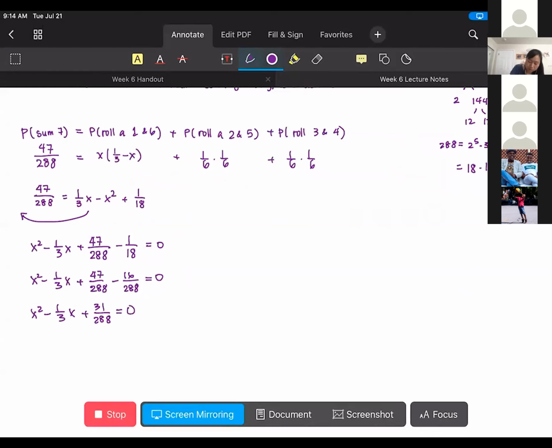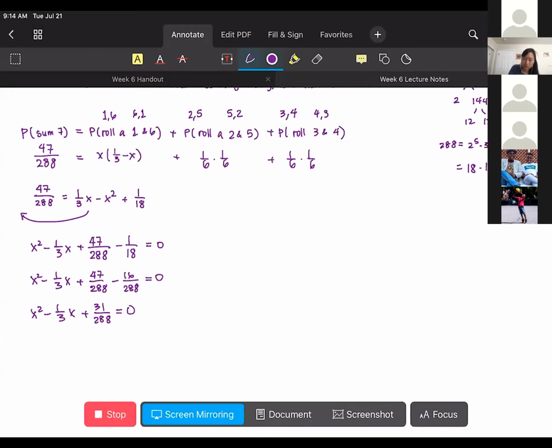So we could roll a 1 and then a 6, or a 6 and then a 1. Similarly, for rolling a 2 and a 5, we could roll a 2 and then a 5, or a 5 and then a 2. And for 3 and 4, we could roll a 3 and a 4, or a 4 and then a 3. So what we forgot here was to count both of those cases.